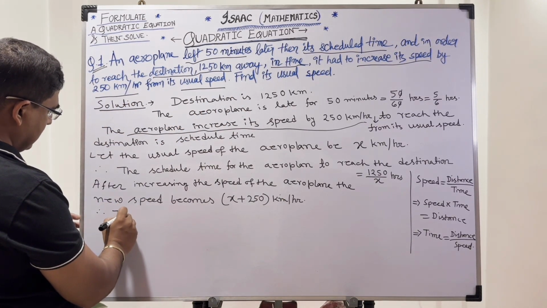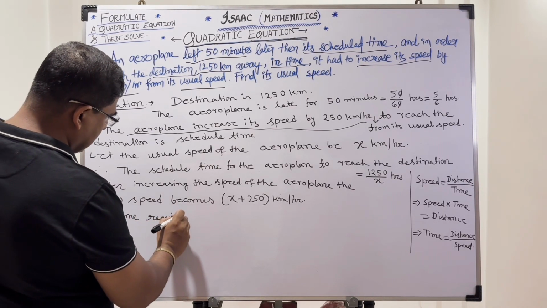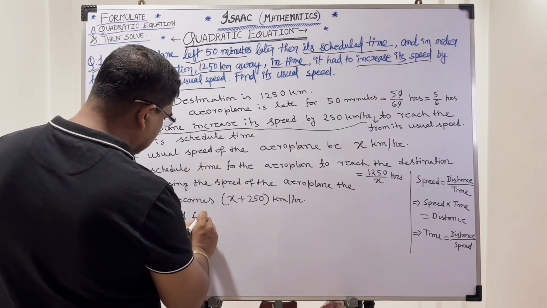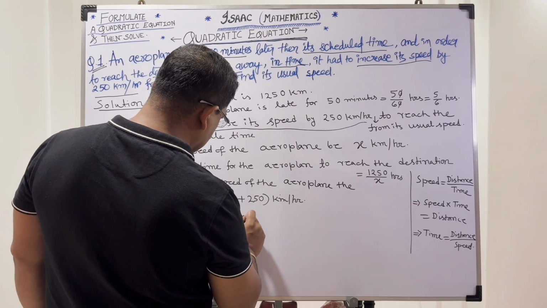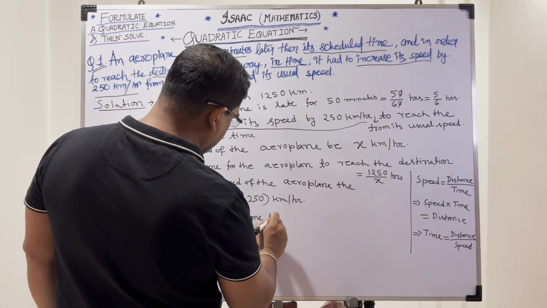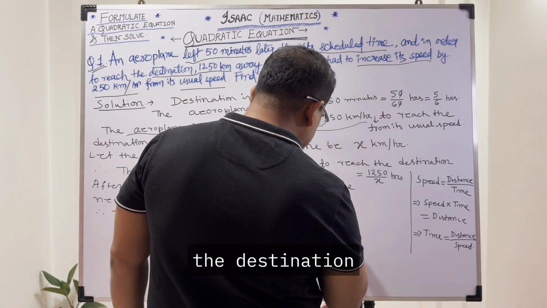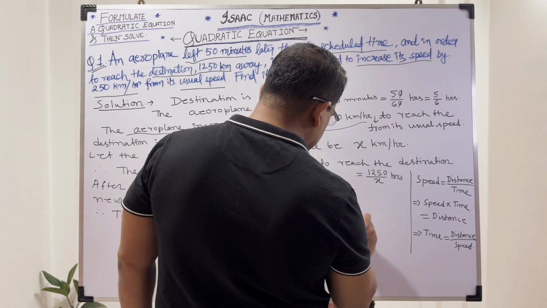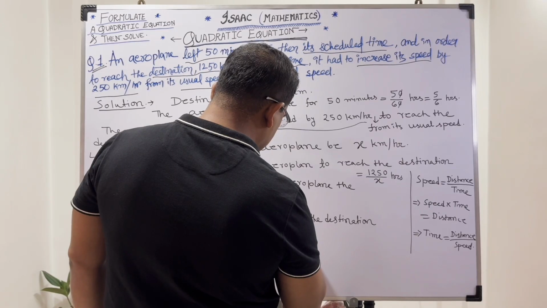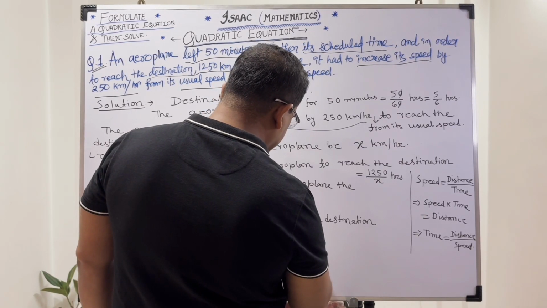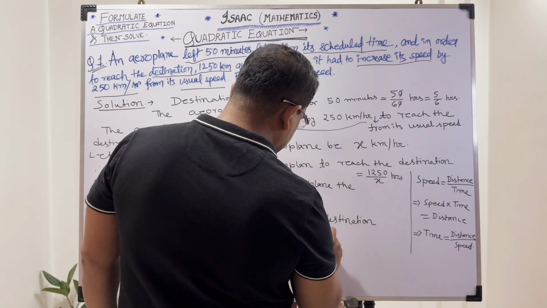Therefore, time required for the aeroplane to reach the destination equals to 1250 by x plus 250 hours.